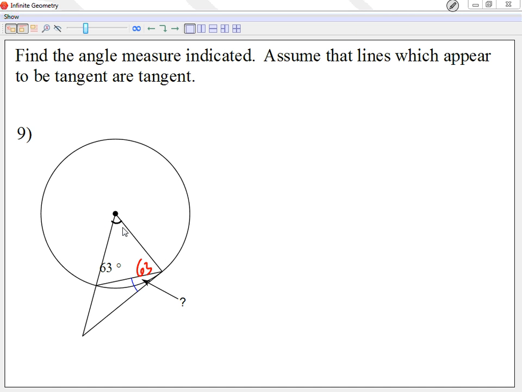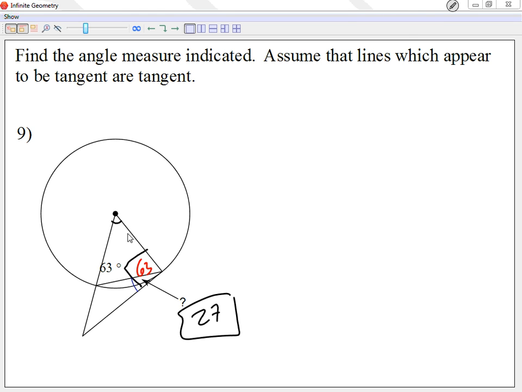I'm not going to do it, but I could find it. Then I know this corner right here is 90, because a radius and a tangent cross at 90. From the 90, part of it is 63. The remaining part is 27, because together they make 90. One of them is 63, the other one should be 27. 90 minus 63 gave me 27.